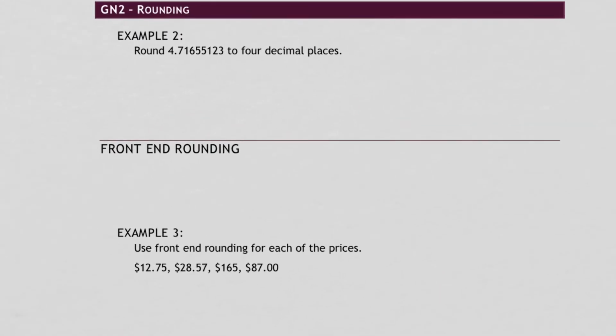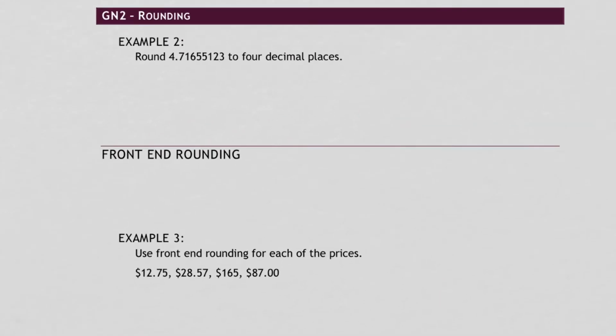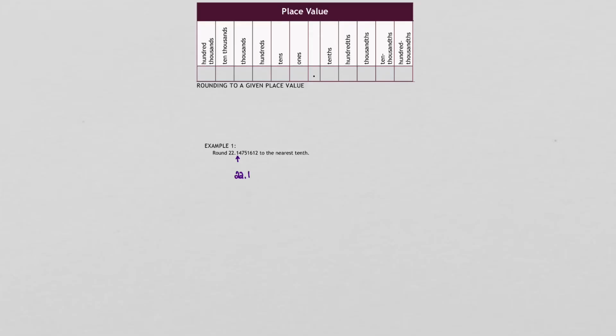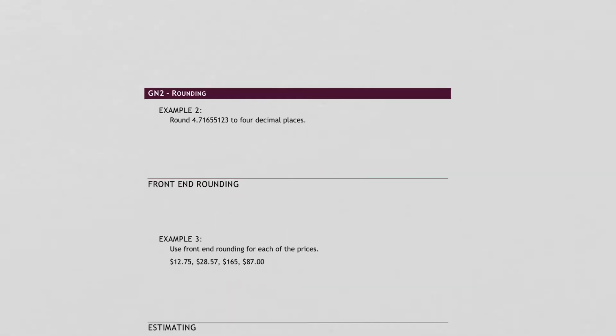Example 2 says round 4.71655123 to 4 decimal places. 4 decimal places would, by the way, be 1, 2, 3, 4, the nearest 10,000th.